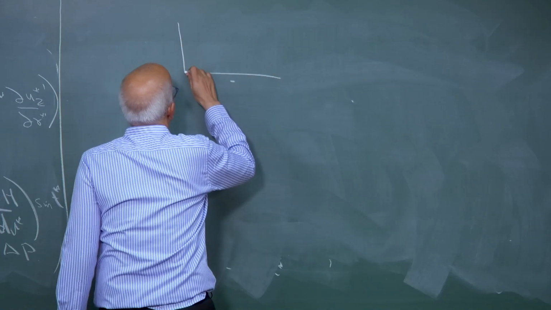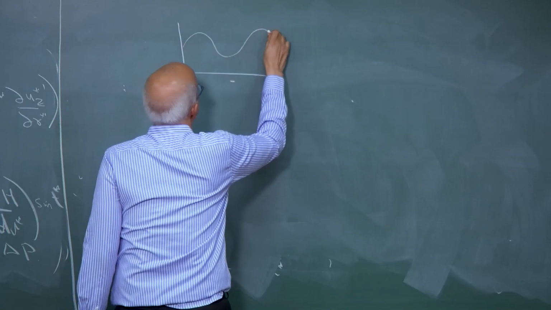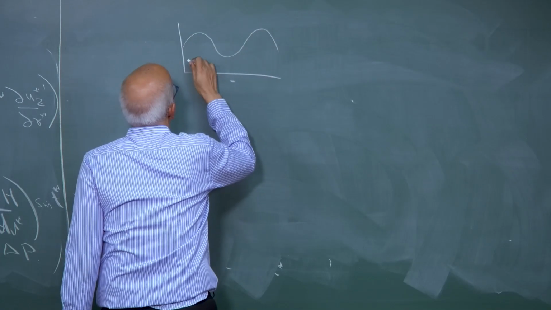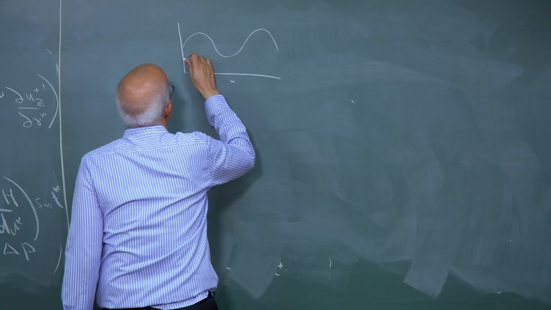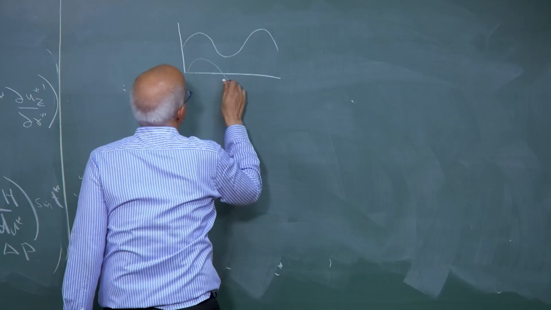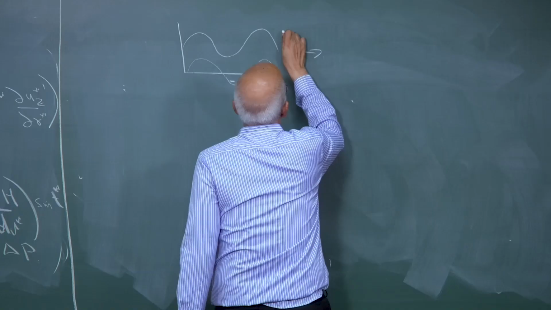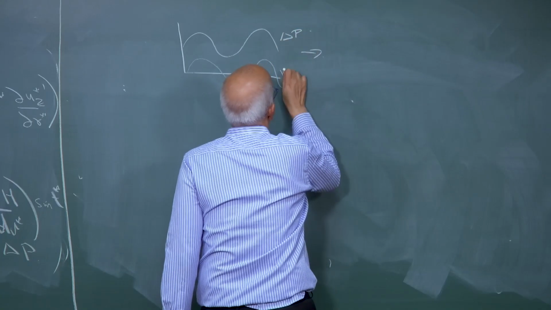So delta p, let us say, is varying periodically like this, and velocity is also varying. I need to draw this in a better way, but I am just drawing, this is not to scale. This is, let us say, delta p, and this is uz.